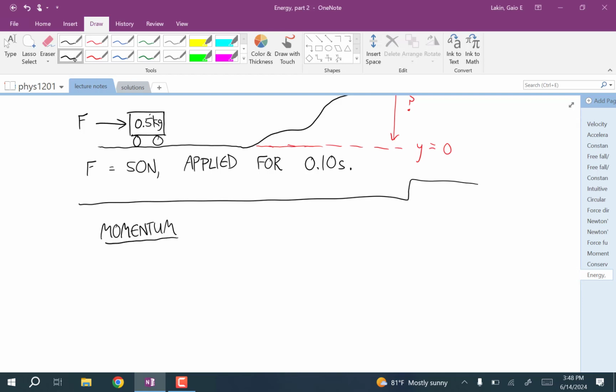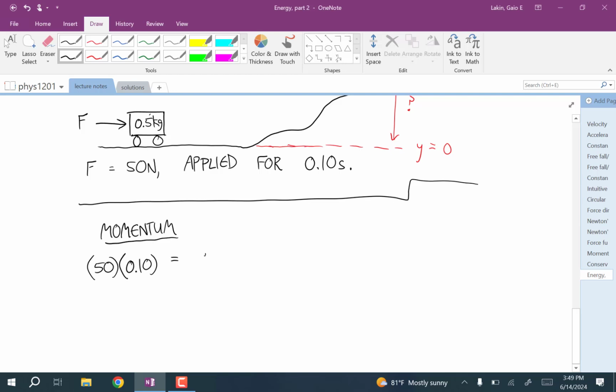Okay, the impulse momentum equation says the force, that's the average force. In this case, it's constant the whole time, so the average is that value, times the interval, the amount of time, is equal to the later momentum minus the earlier momentum.